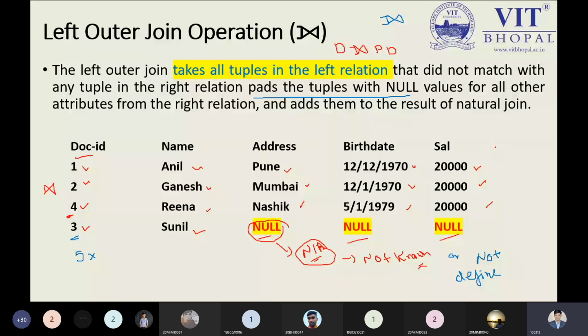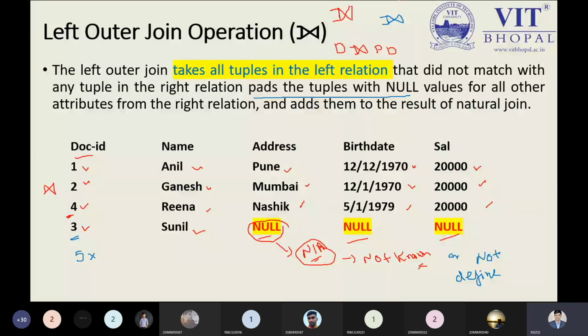For the natural join we use only the natural join symbol, but when we're talking about the left outer join, we use these two lines to define that the left relation is open to use the entire details which are not matching.